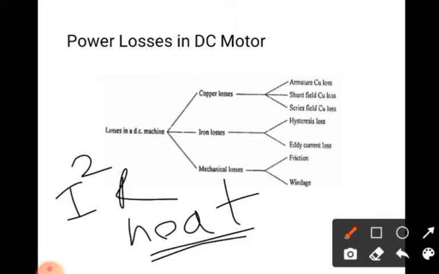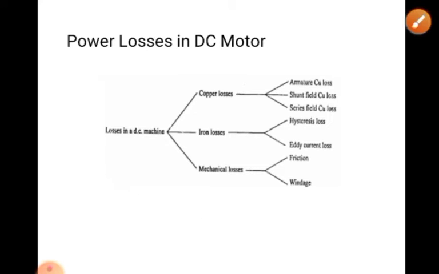This loss is variable because whenever the load is changing on the motor, this loss also changes. So copper loss comes under the variable loss category. Copper loss has three types: armature copper loss, series field copper loss and shunt field copper loss.